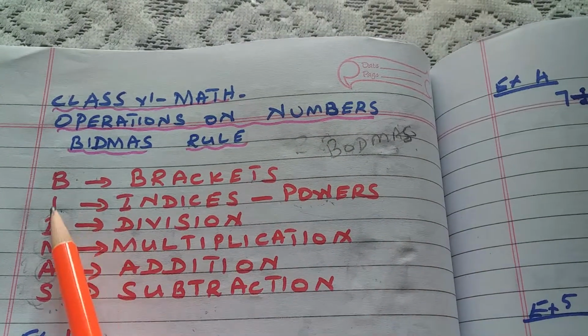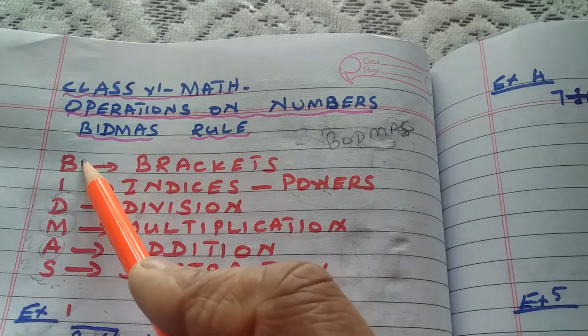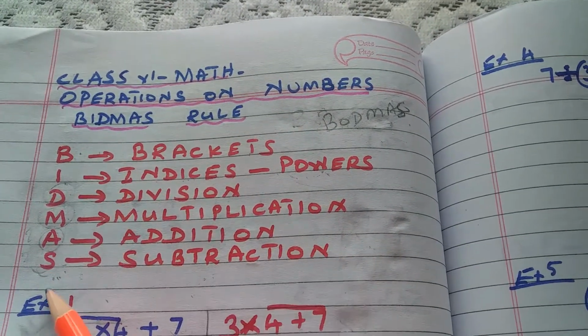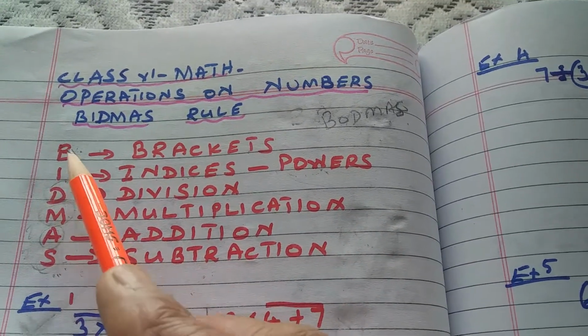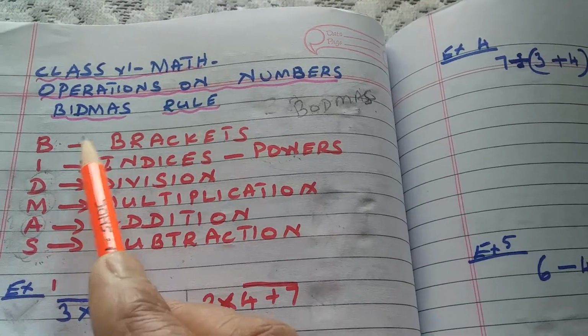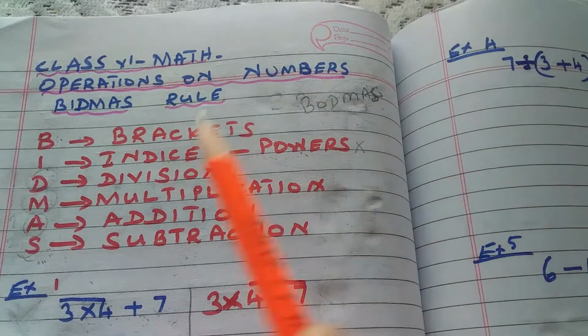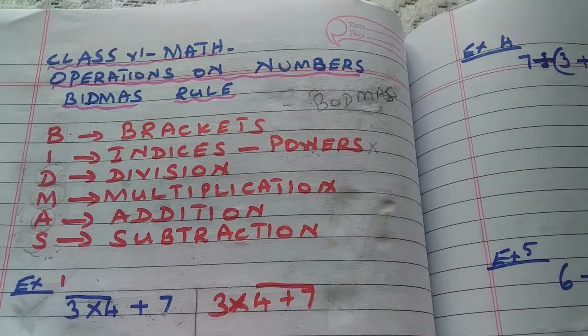You will be studying this topic in 7th standard. So now this class will be following brackets, division, multiplication, addition, subtraction. But just to remember the rule, you have it with I also. The rule is BIDMAS, but we will be doing brackets, division, multiplication, addition and subtraction. So B for brackets, I for indices, which is not now, and then division, multiplication, addition and subtraction.